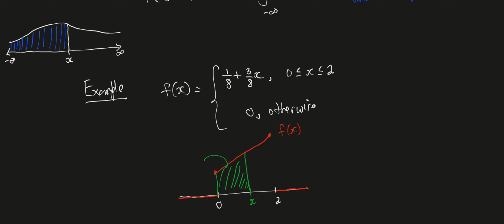So this area here is what our big F of x will give us. If we pick this value of x and plug it in, it would give us the area from 0 to here. If I plugged in a value of x really close to 2, it should give me the area, again, starting from the smallest possible value of x up to whatever x I plugged in.